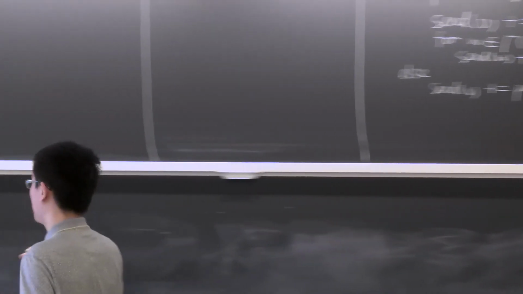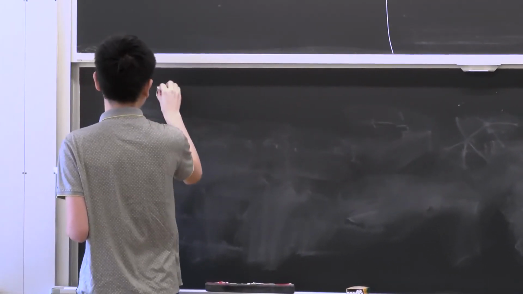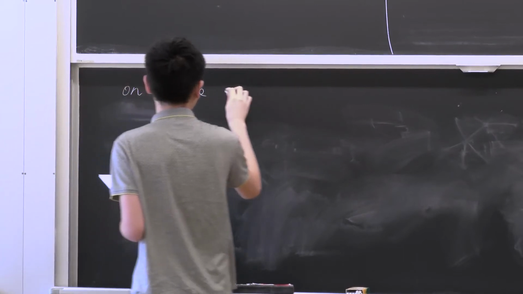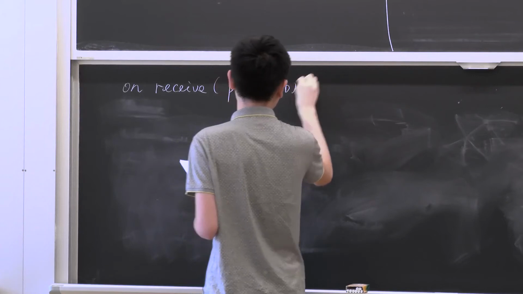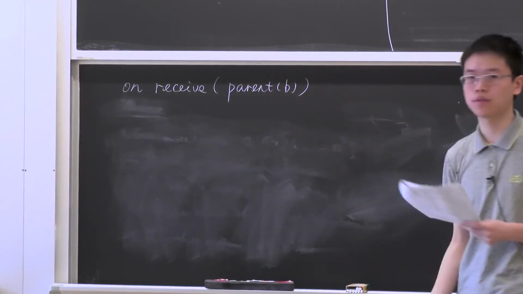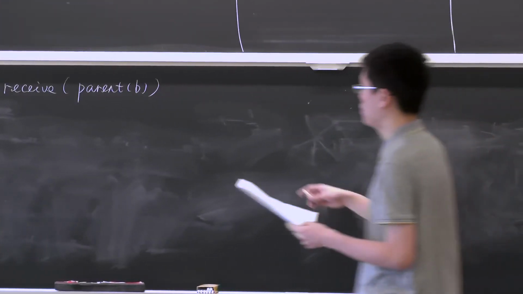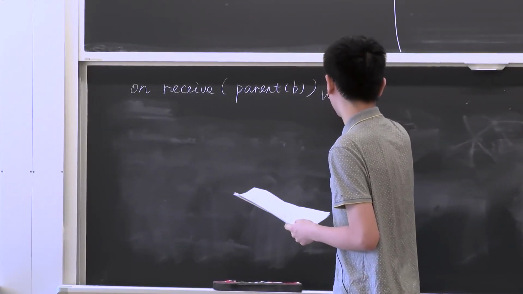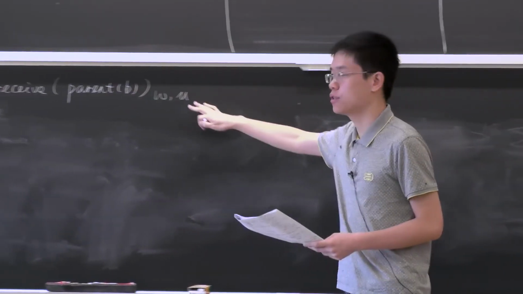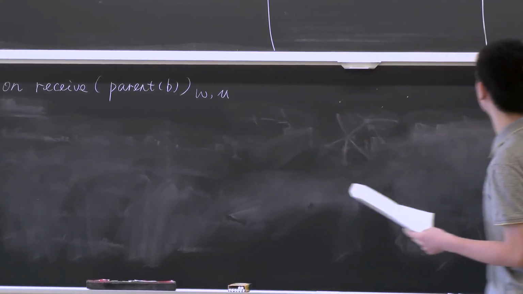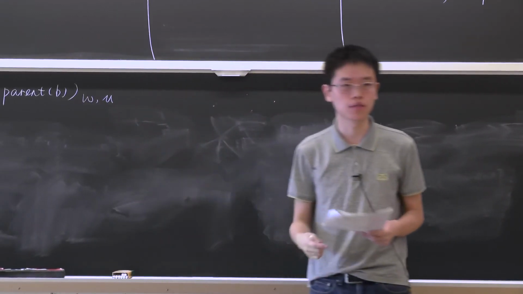So the next chunk of code should be: if we receive this parent message, I'll say parent B, meaning this message comes with either true or false, and I received it from some node W. I'm still U here, because I sent the message to all my neighbors, and they should give me a response.